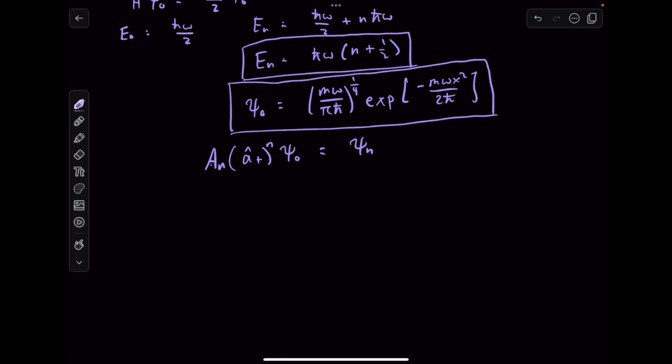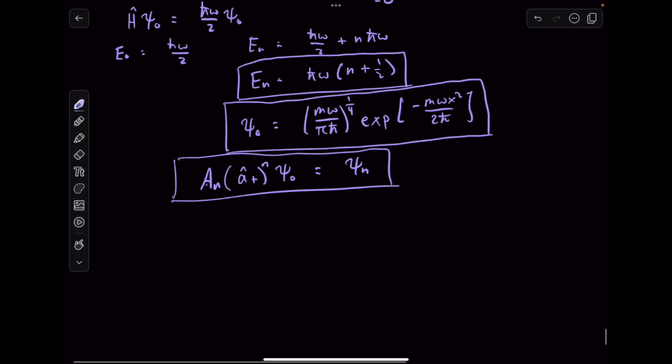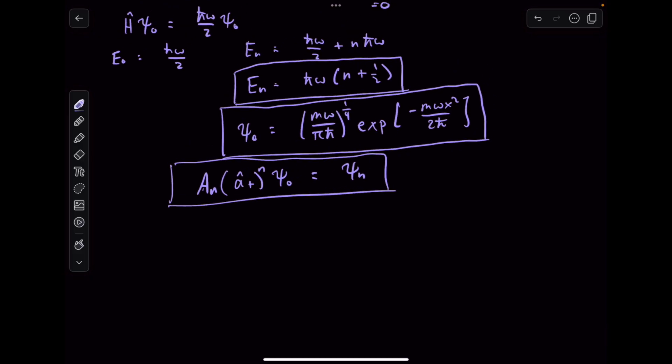So this is the solution to the harmonic oscillator. And you can do a little bit more work to figure out what these normalizations are actually going to be, so that you don't have to recalculate them every time, but this is essentially the solution.